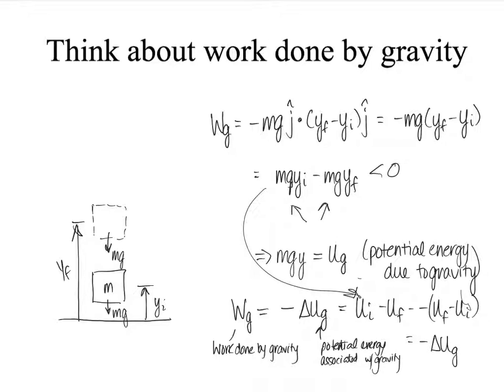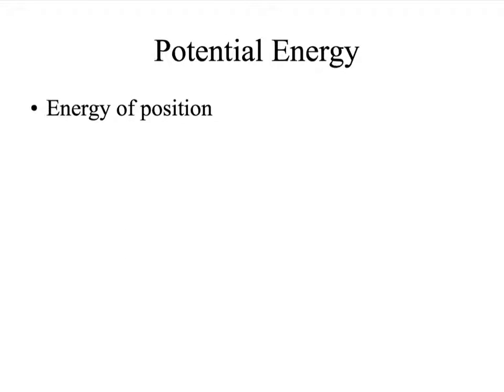And that's how we find a potential energy function. Basically, we're saying work done by a force is equal to minus the change in potential energy associated with that force. For gravity, we found it was equal to mgy.